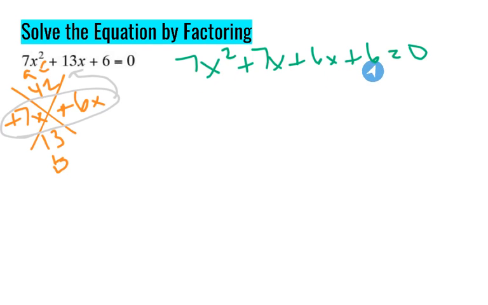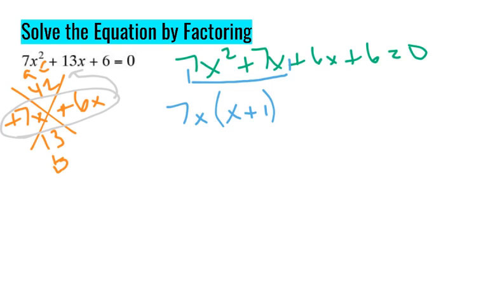And this is the same thing as this, we just wrote it as 4 terms instead of 3 terms. So now I'm going to see if I can put some things together. So I'm going to put these two together. So between 7x squared and 7x, I want to see what I can factor out, or what they have in common. And they have a 7x in common. And that's going to leave me with x plus 1.